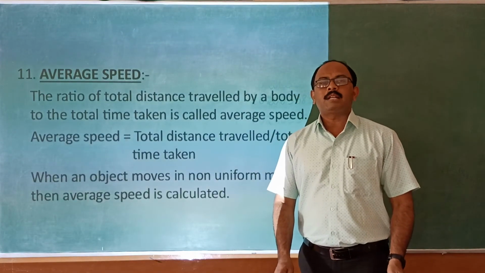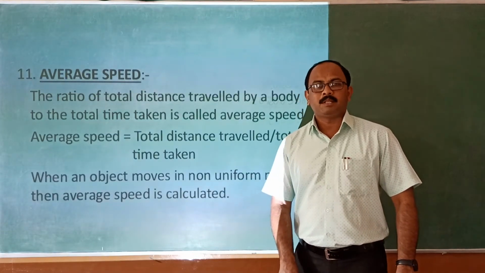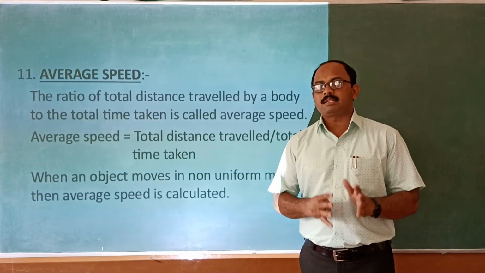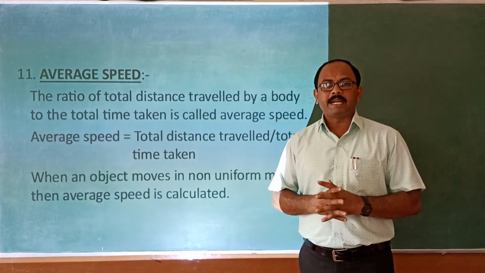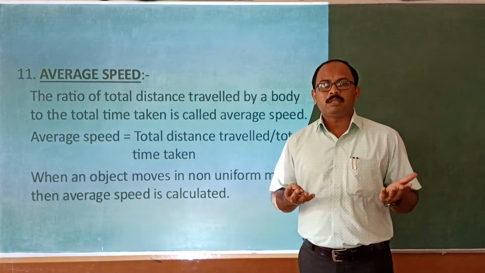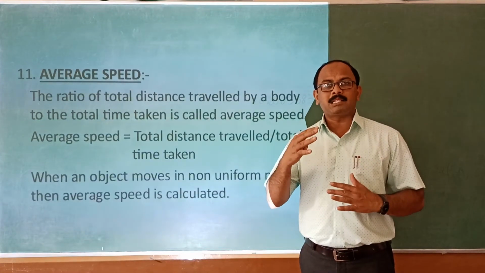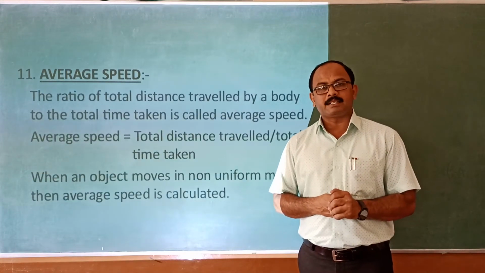Consider that the journey is not uniform. When there is a rush on the road or a traffic jam, a vehicle will go very slow. Speed becomes slow. When there is nobody on the road, think of a highway, speed varies. Speed reaches the maximum.